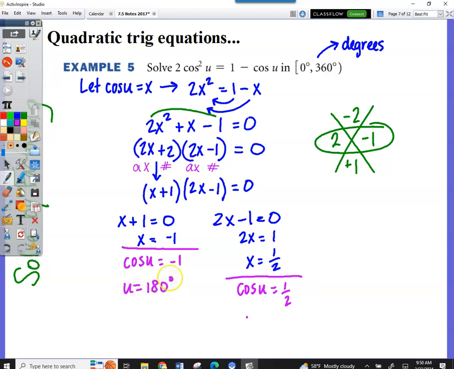And then what about here? 60 degrees. 60 and looking at quadrant 4. Oh, 300. Yep. So you could write your answers like that, or y'all know me, I like to list them out. So it's 60, 180, and 300.